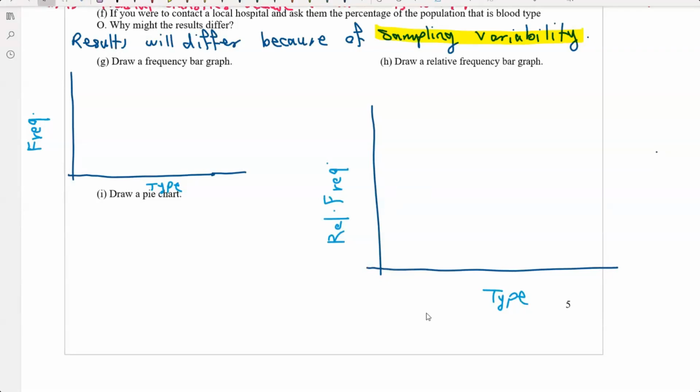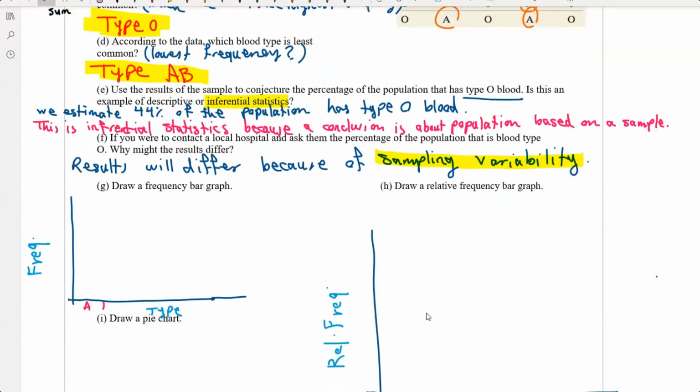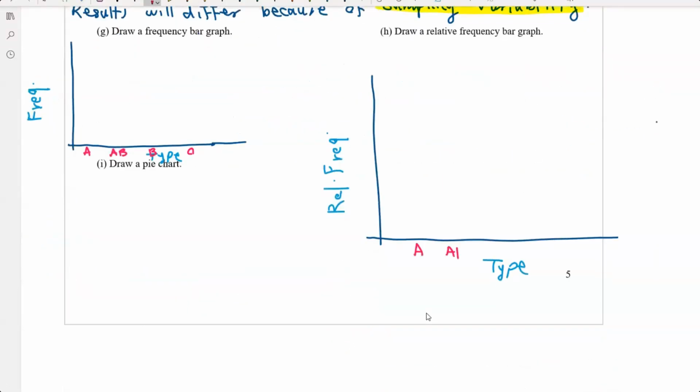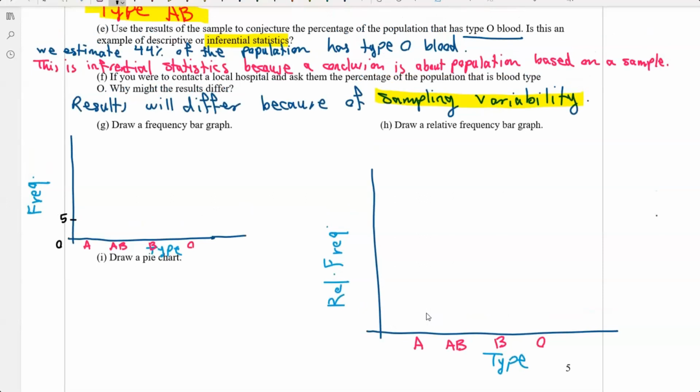I'm going to write these in the order that I have here on top: A, AB, B, O. And here starting at 0.